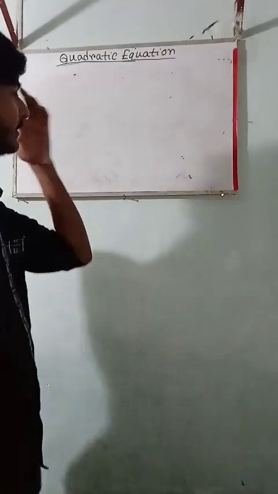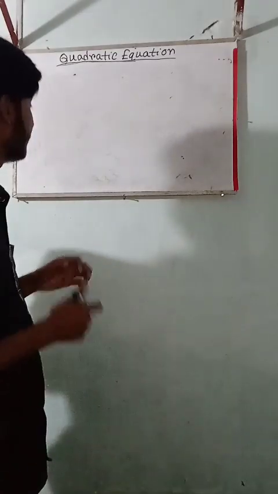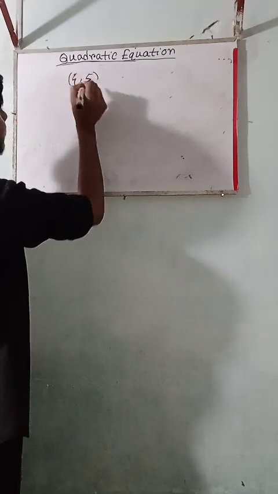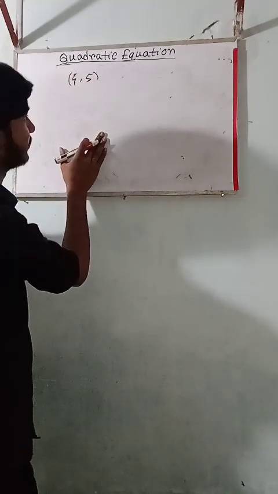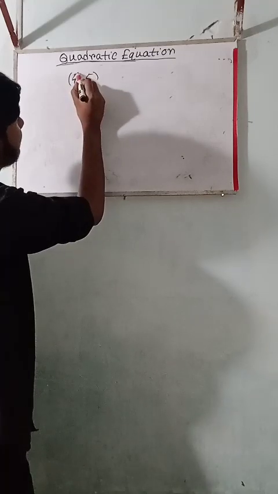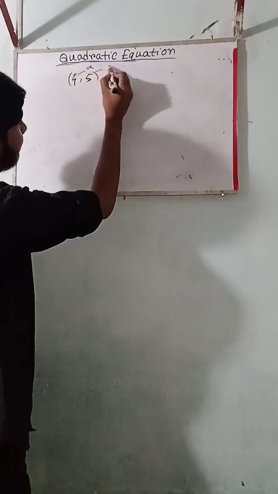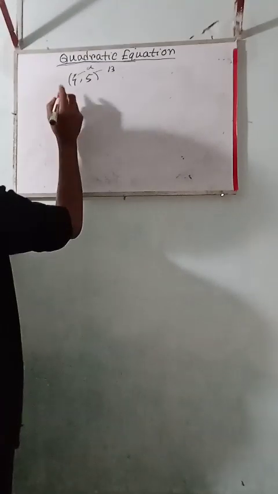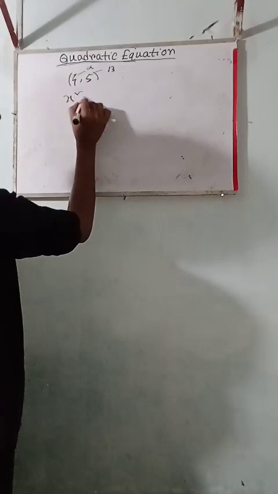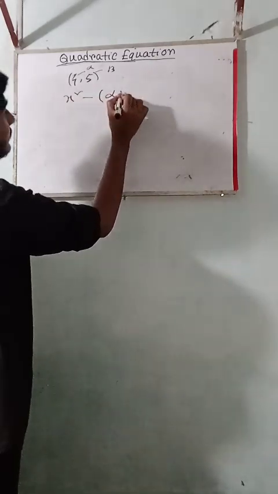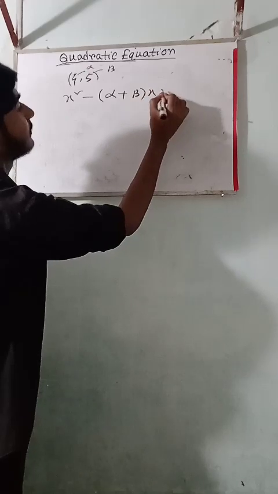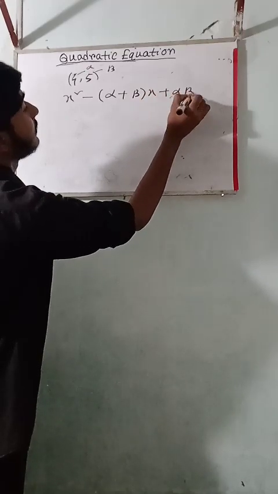Suppose it is given that the two roots of an equation are 4 and 5. Then we have to determine this equation. Now we will take 4 as alpha and 5 as beta. We know the standard formula of this reversible process, that is x square minus alpha plus beta into x plus alpha beta.